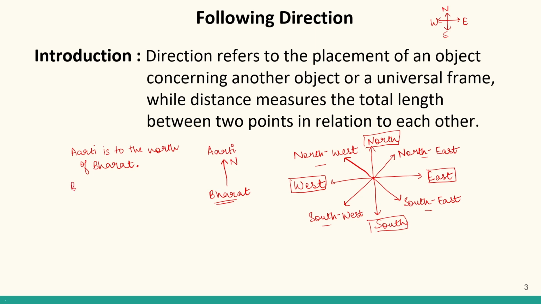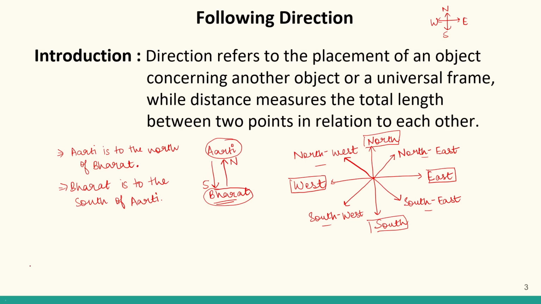Similarly, Bharat is to the south direction of Aarti, because from the point of view of Aarti, Bharat is towards the south. This concept of identifying the direction with respect to your original position is also very important from your examination point of view.